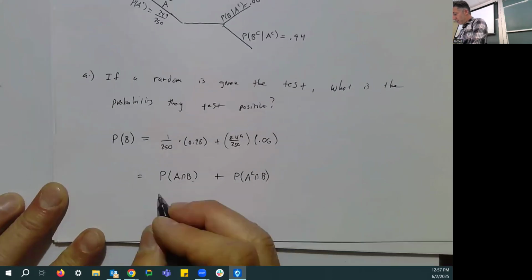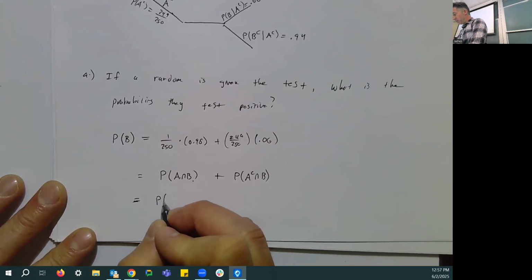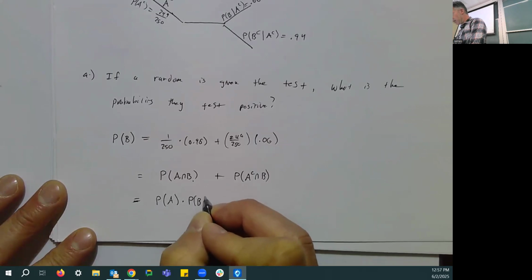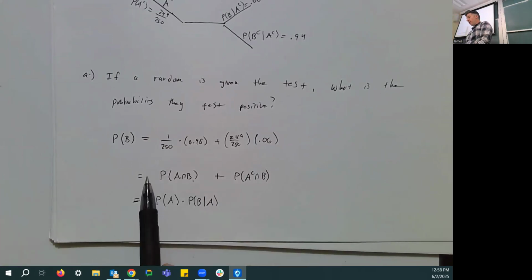Then we know the probability of the intersection is the probability of A multiplied by the probability of B given A. By the way, it's not probability of A times probability of B, it's B given A, because this is a conditional probability and the events are not independent.